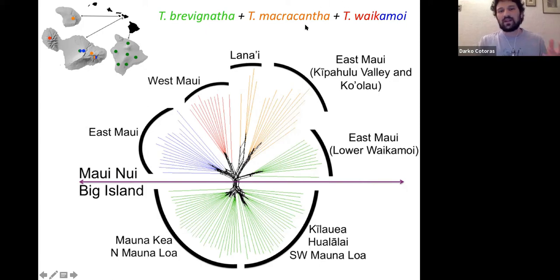And also we find that in Waikamoi, there are two populations, one on West Maui, the other on East Maui. But the most interesting thing is the one from East Maui really has all the specimens together. So the ones that are overlapping with the other species do not show up in the middle as hybrids. So this is congruent with the idea of no hybridization.